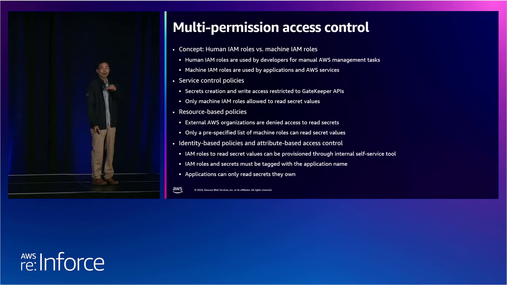And then we also put an additional layer on top of that to enforce that an application can only read its own secret, but not some other application's. So in summary, with these multiple layers of access control, we feel our secrets are safe and secure all the time throughout their life cycle.